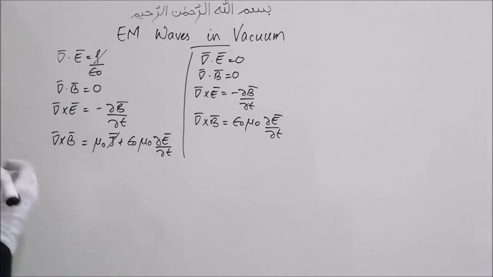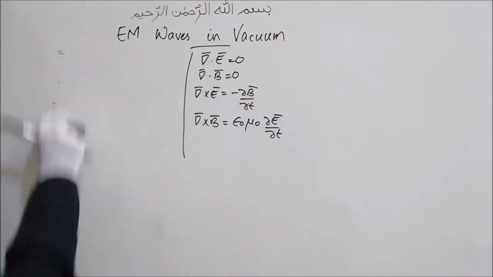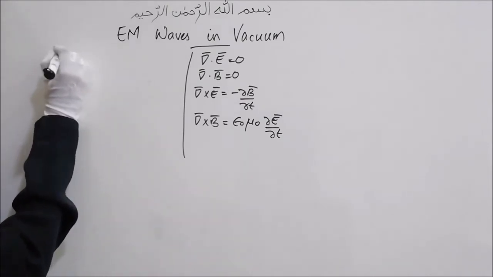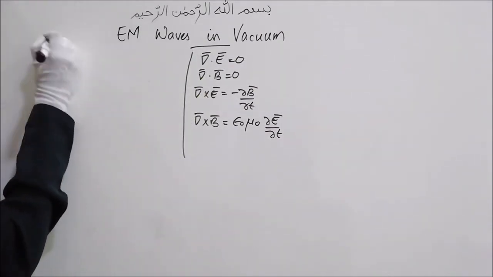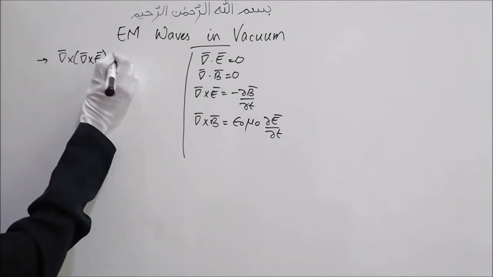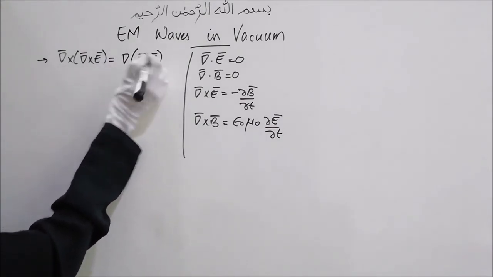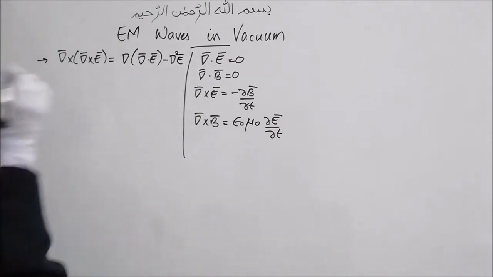Now we will get the wave equations. To get the wave equation, we are going to curl the third equation and the fourth equation. Del cross del bar cross E bar will be equal to del bar del bar dot E bar minus del squared E bar.